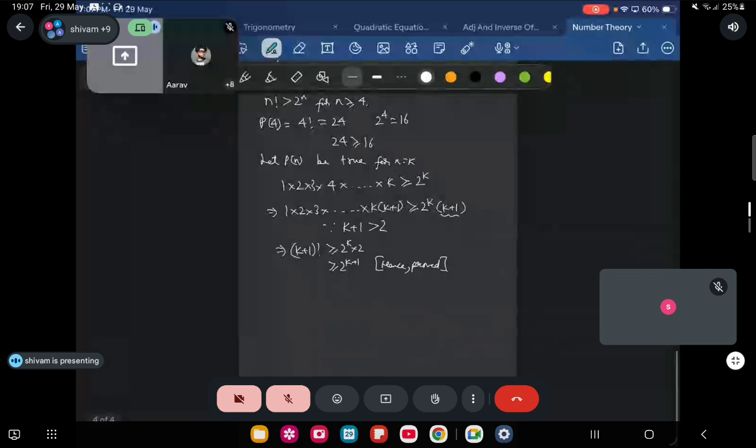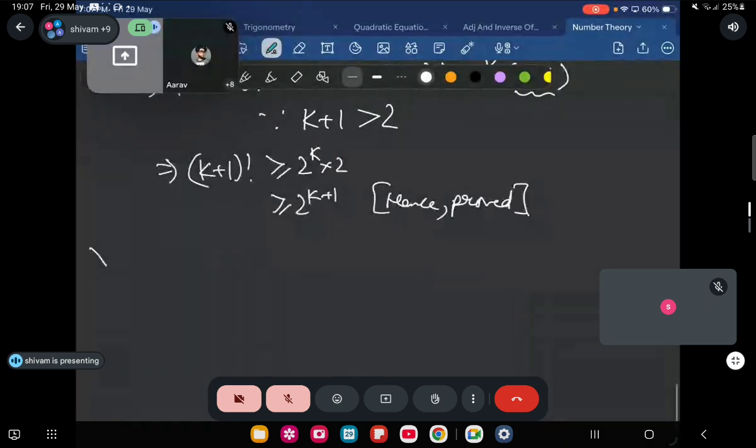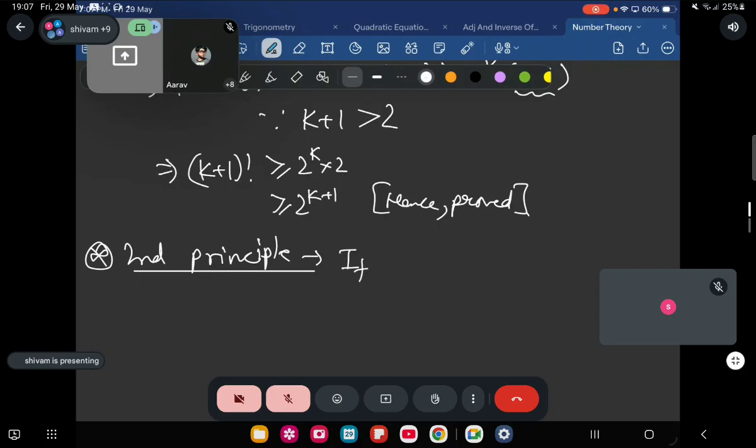There is the second principle also. But I'm not going to do a problem on the second principle of mathematical induction. What does it say?